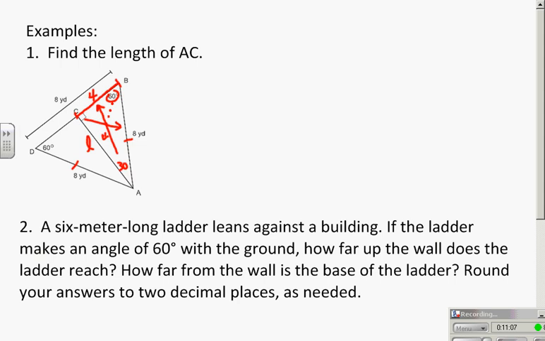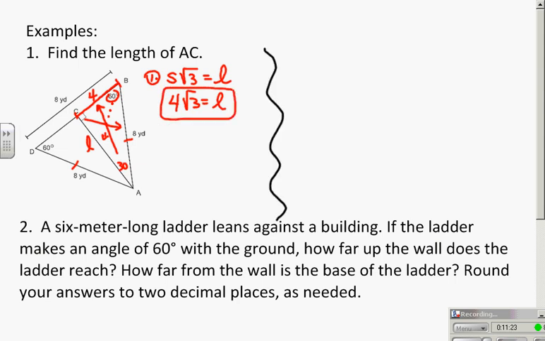But let's go ahead and use the 30, 60, 90 rules. I know the short side and the hypotenuse. Short side to long side is the easiest because I know the short side times the square root of 3 is the long side. If the short side is 4, that is all it takes.